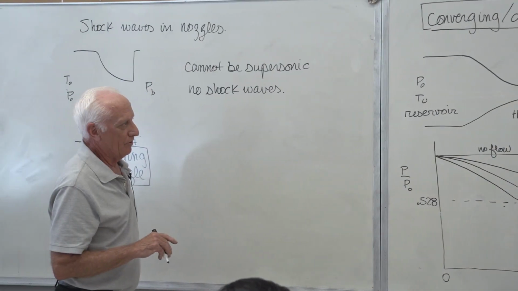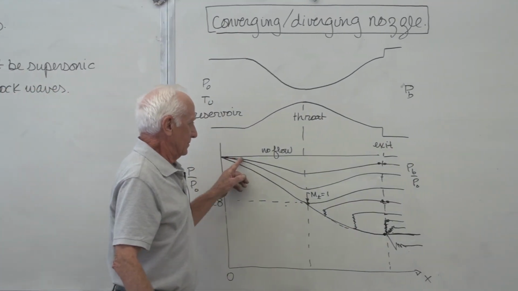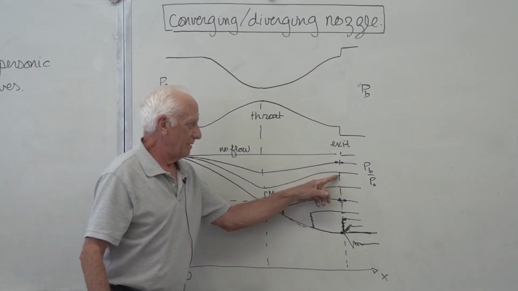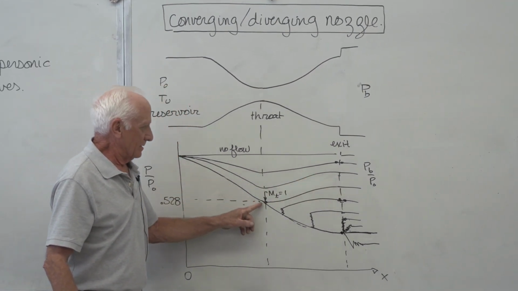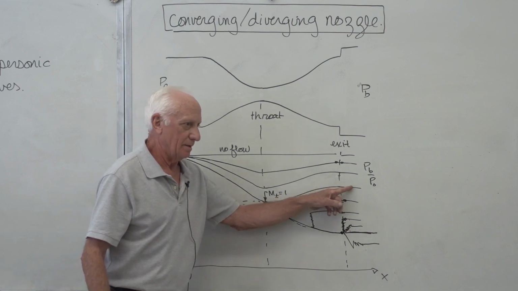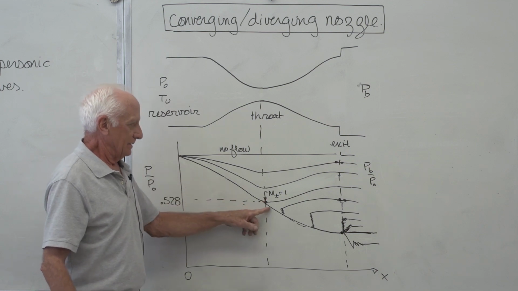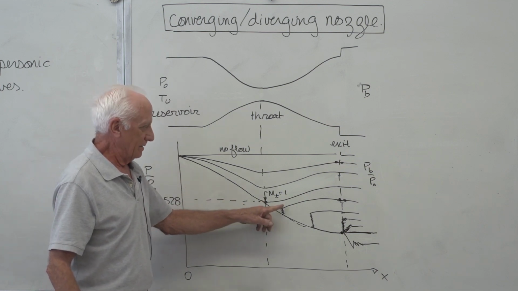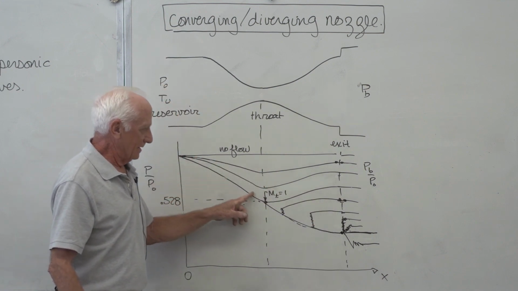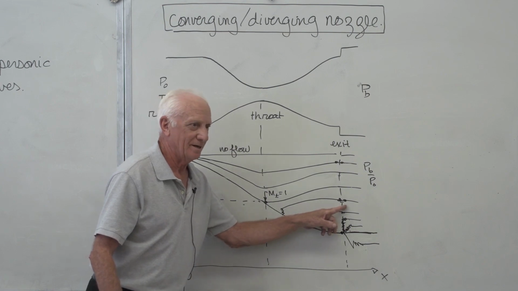So there's the complete roadmap. Subsonic everywhere, subsonic everywhere, subsonic to the throat, Mach number 1, subsonic back here, subsonic here, supersonic here, subsonic there, subsonic here, supersonic here, subsonic there.